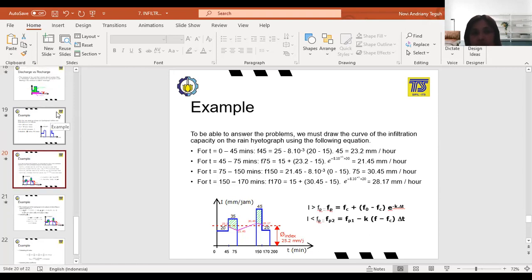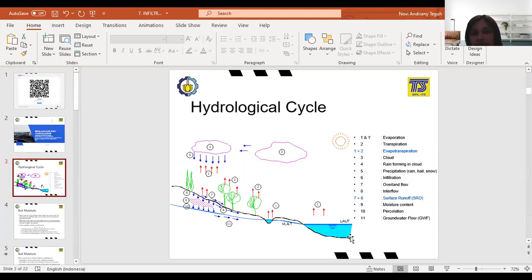Yeah, I hope you are not confused with these materials, because it's simply regarding the water which is going inside the soil and the water which cannot go inside the soil, which has to be flowing above the ground, going into the drainage channel or other channel, with the destination of, for example, a river or sea, as you already know from our hydrological cycle.